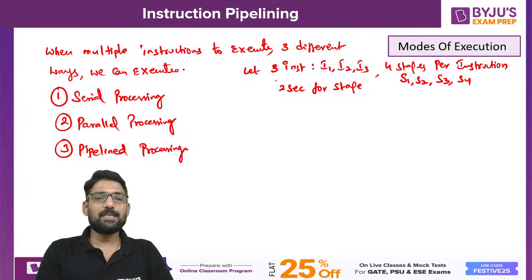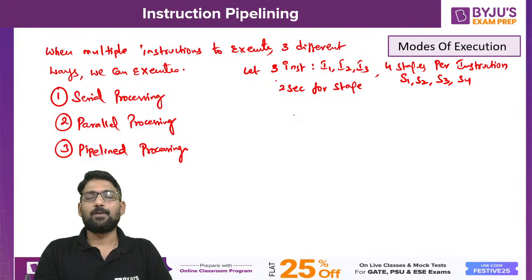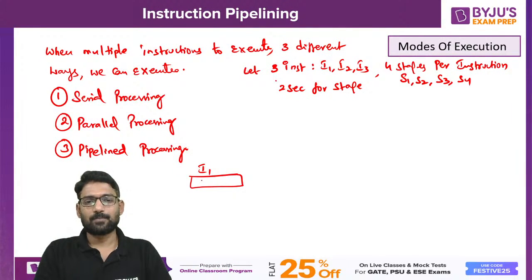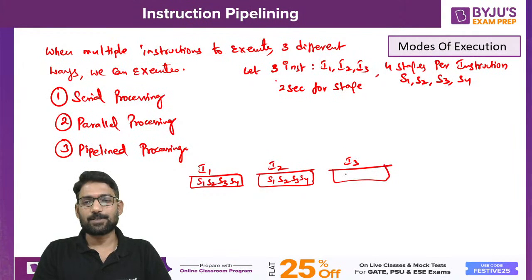So in serial processing, one after the other will be executed. First I1 completes all the stages S1, S2, S3, S4. Then I2 finishes its execution of all the stages S1, S2, S3, S4. Then I3, all the phases S1, S2, S3, S4. Like this, one after another, if they execute, this is what the serial mode is.